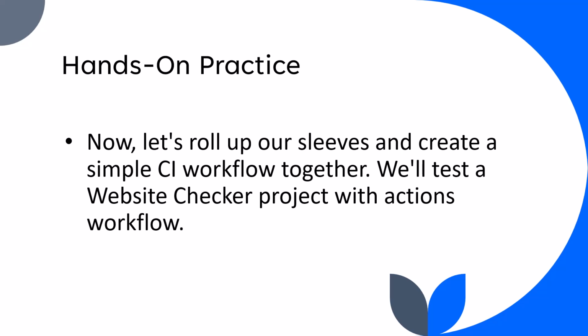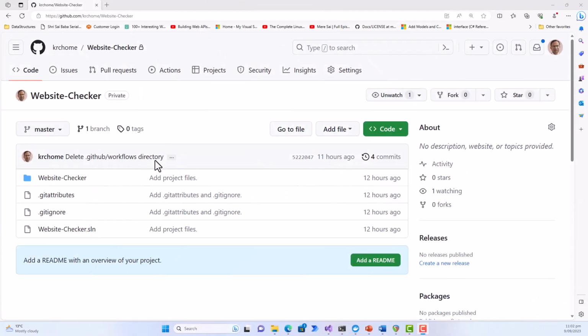So here is my website checker project. This is the code, and this is a private repository at the moment, but I will grant you access after making it public when the course is released.